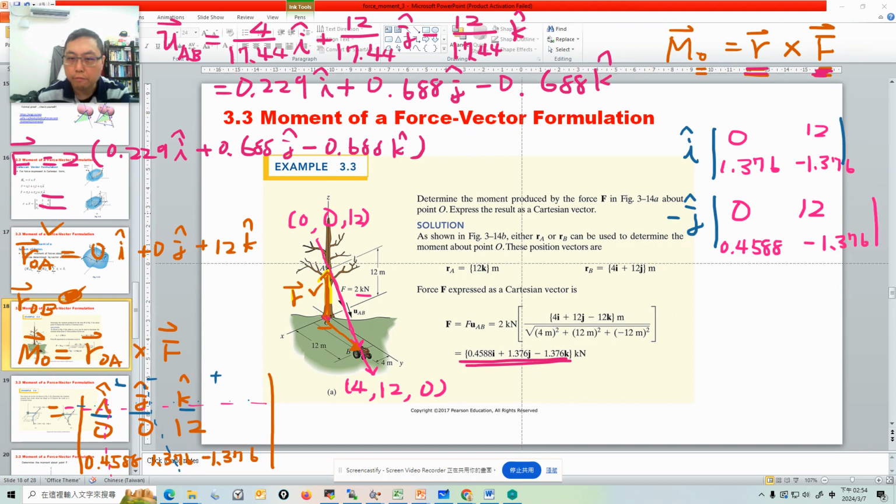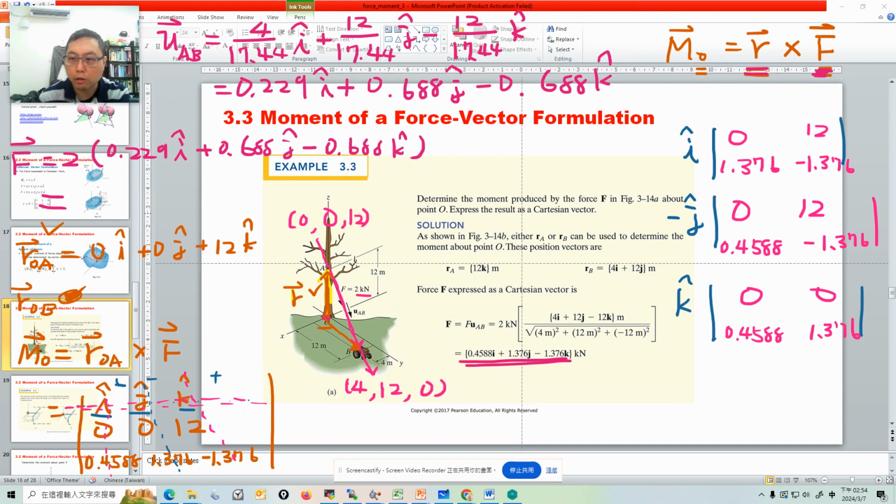The final one is k. If you block these two, that element will be 0, 0, 0.4588, 1.376.